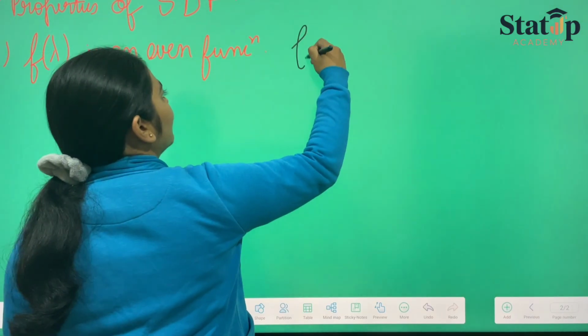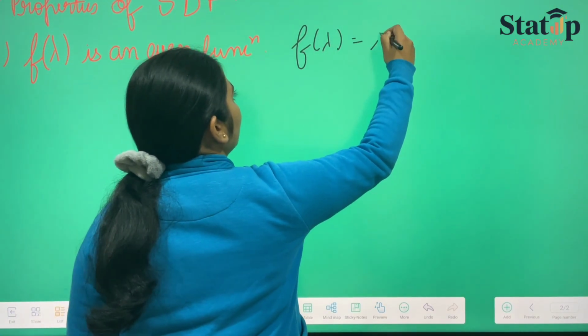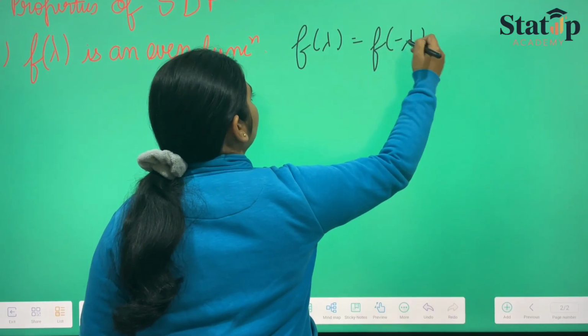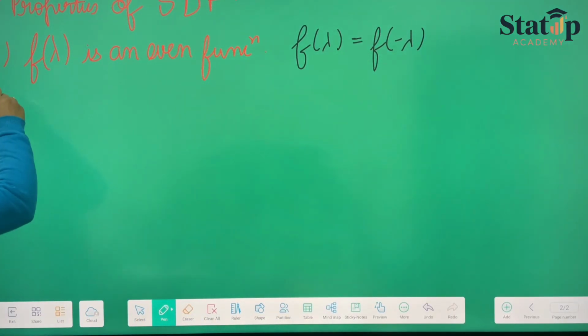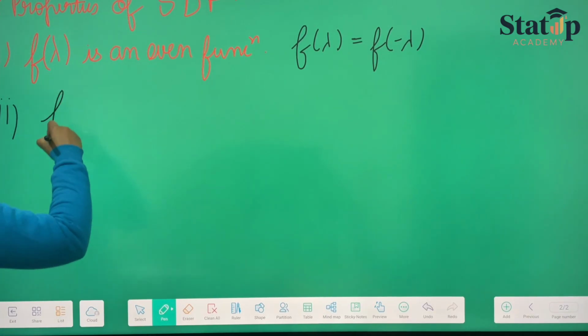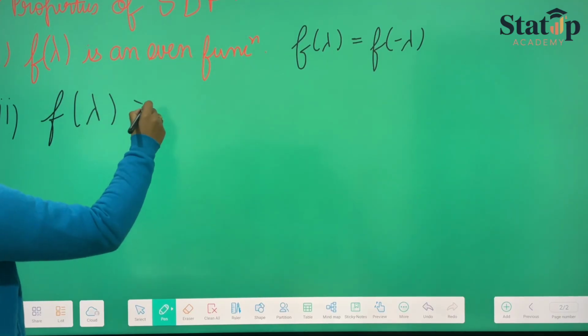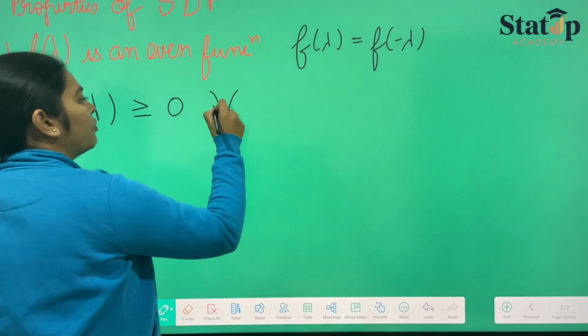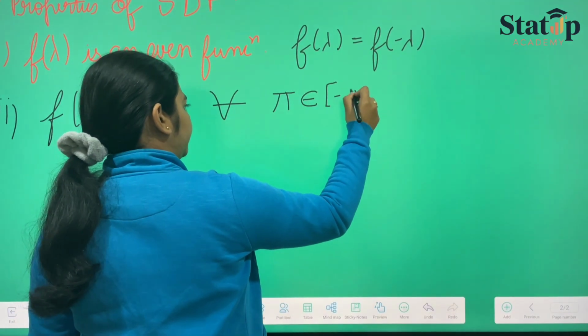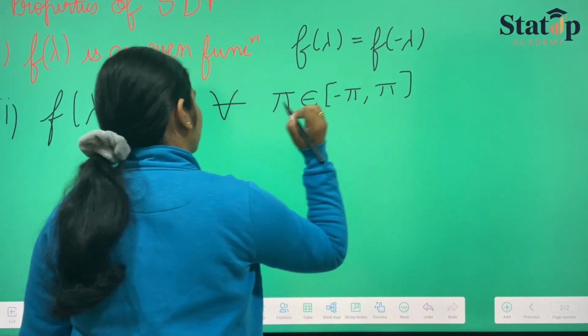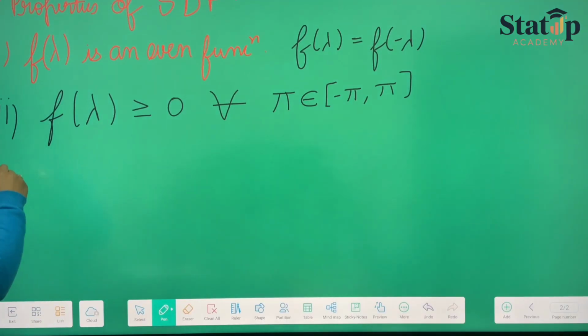That f lambda is equal to f minus lambda. Then the second one is that f lambda is always greater than or equal to 0 for all lambda which belongs to minus pi to pi.